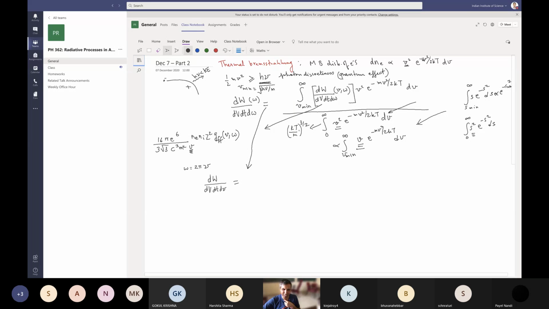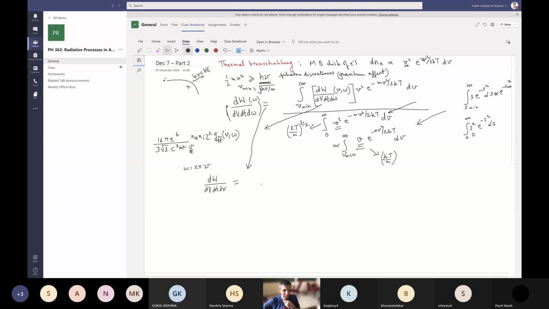So just by dimensional analysis, this is what it should give you. And the top integral should give you v squared, which is kT by m only. So when you have kT by m divided by kT by m to the 3 by 2, there is a T to the minus 1/2 dependence.